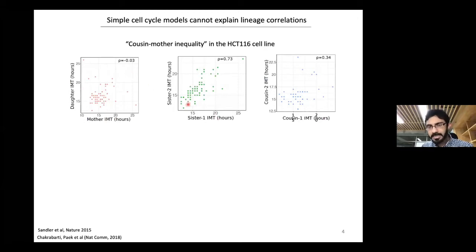If you look at the sisters, and again, this is the movie I was trying to allude to, you see a very strong correlation, so 0.73. Interestingly, as you can see here, the cousin correlations are quite large, and in fact are larger than the mother-daughter correlations. So if you pause for a moment, this may appear kind of surprising to you, right?